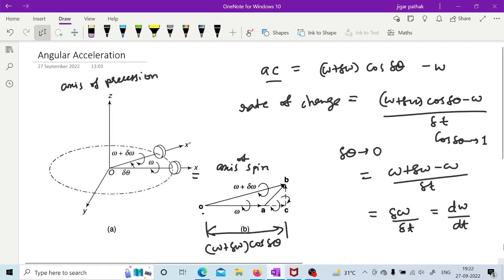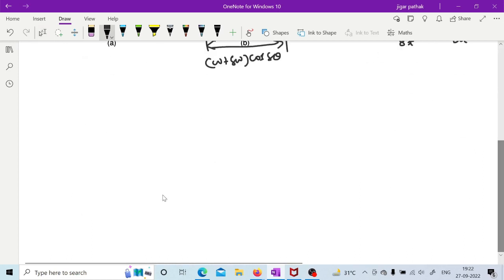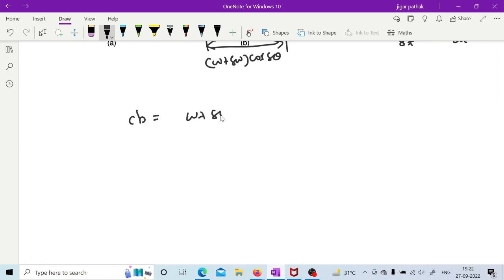Now you will have one more component, that is the vertical component. This vertical component is CB. If you observe in that figure, it is nothing but (omega plus delta omega) sin delta theta, divided by dt if you are taking the rate of change. If delta theta tends to 0, then sin delta theta tends to delta theta.